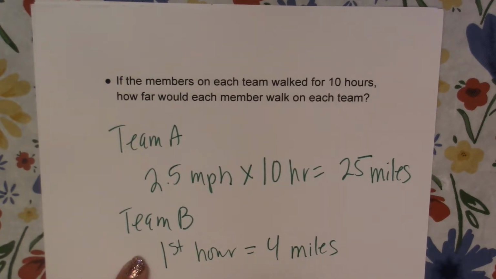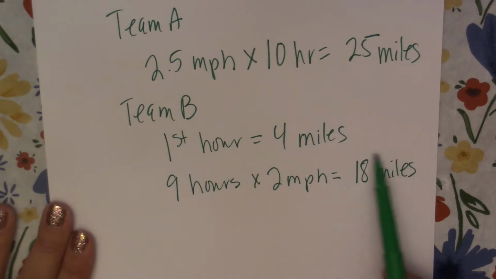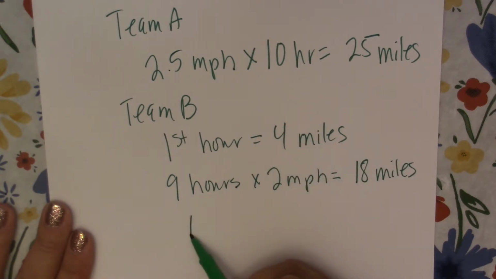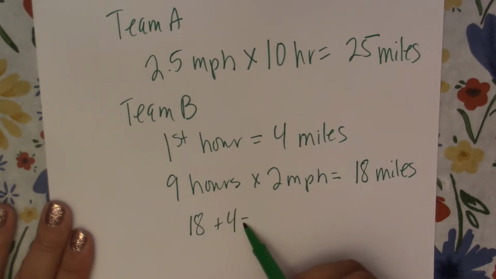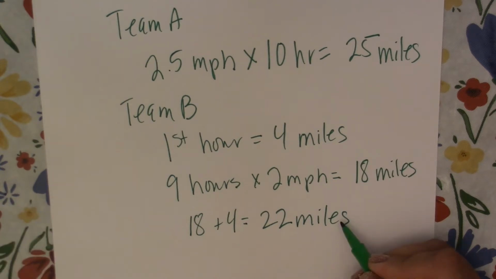So the 9 other hours, they walk 2 miles per hour, which would be a total of 18 miles. So if we take that 18 miles, sorry, got that out of the screen, if we take that 18 miles and combine it with that original 4, we would get a total of 22 miles.